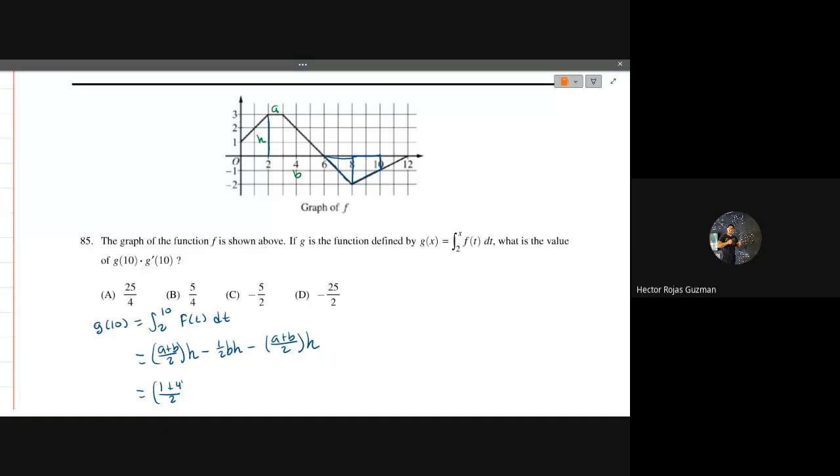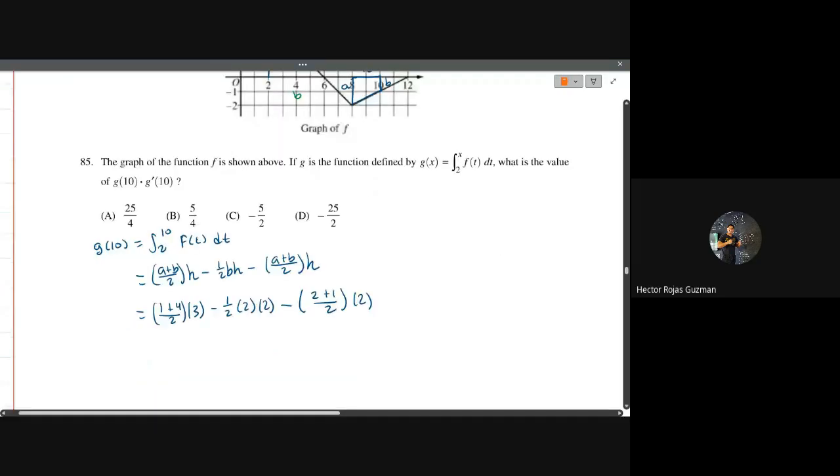For my final trapezoid, this trapezoid is actually oriented in a different direction. We're going to call this A, B, and this is the height, which means we have 2 plus 1 divided by 2 times the height, which is 2. Here, for the first one, we're going to get 15 over 2 minus 2 minus 3.